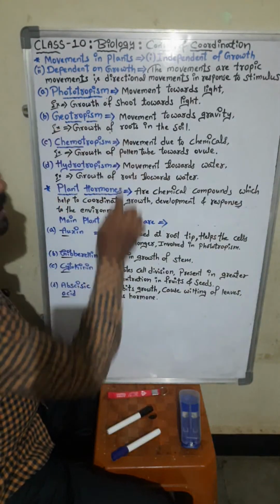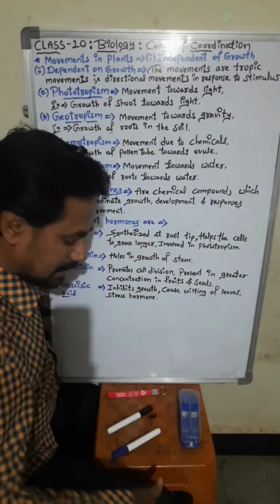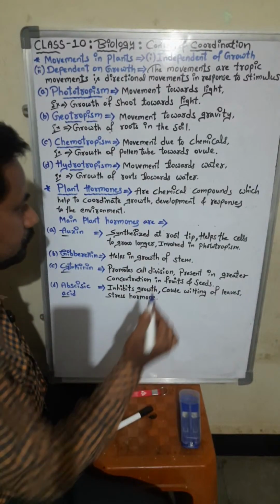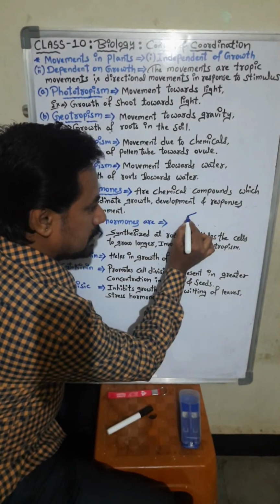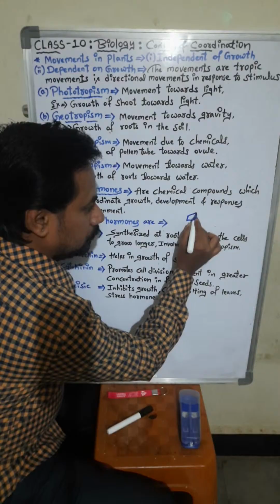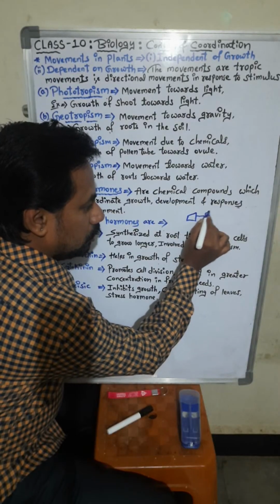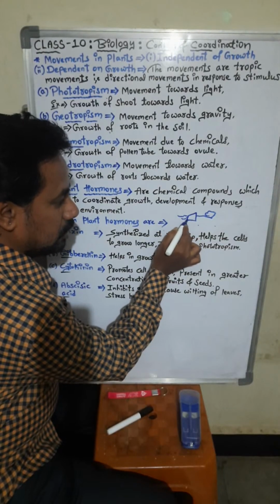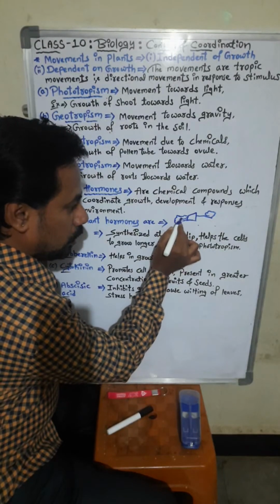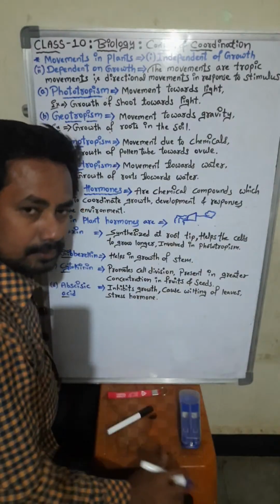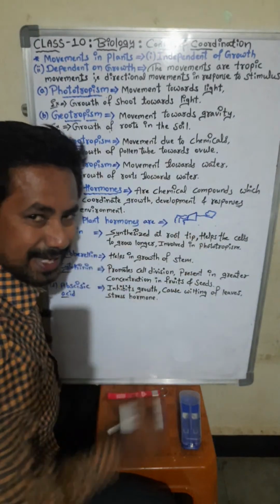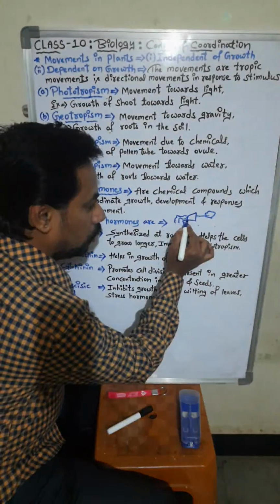So geotropism: the growth of plants towards gravity is called geotropism. Let me give an example. A pot is there, a fallen pot. This is the shoot, and roots will be there. These roots will grow towards gravity, into the soil. Do the roots have to go up or grow straight? No, they will grow towards gravity.